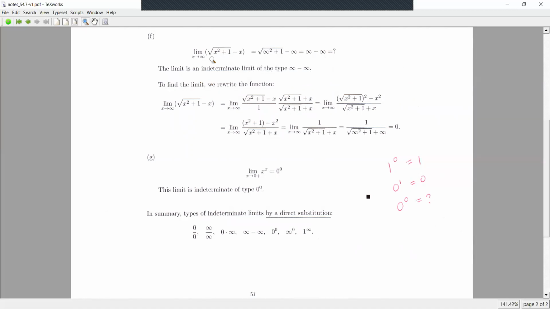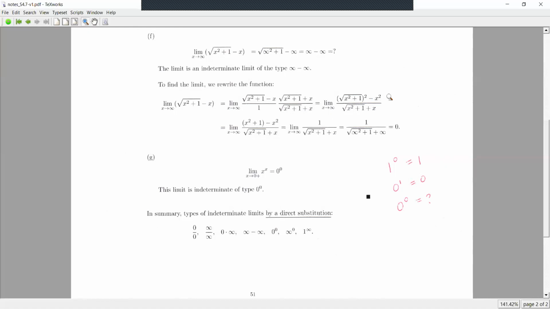Now to find this limit, I rewrite the function. I use the algebraic conjugate. For a minus b, I multiply the top by a plus b, and also multiply the bottom by a plus b. A minus b times a plus b is a squared minus b squared.